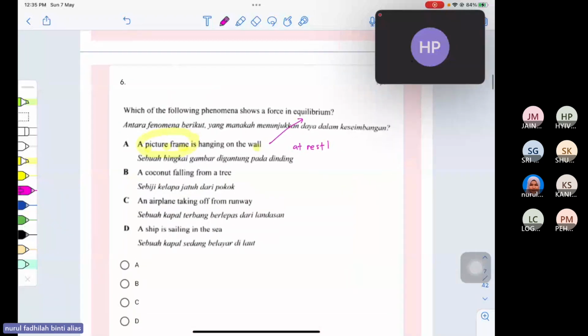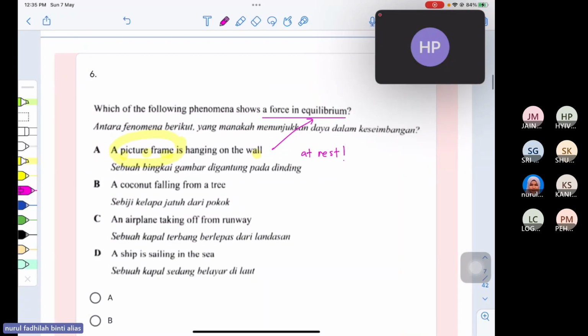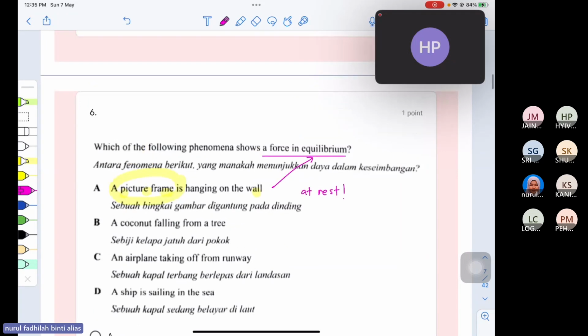Lepas tu tadi saya dah cakap sorang-sorang untuk soalan nombor 6. Number 6 pun sama, dia kata which of the following phenomena shows force in equilibrium. So bila awak dapat soalan macam ni, you can terus recall, what is the definition of object in equilibrium? Maksudnya resultant force zero. Okay, ada tak dia kata? Tak ada, dia tak cakap pun resultant force zero.